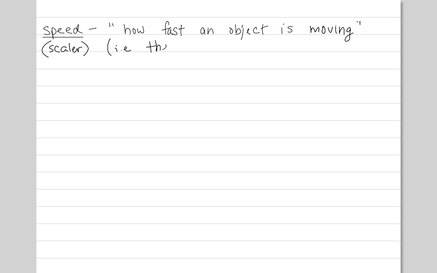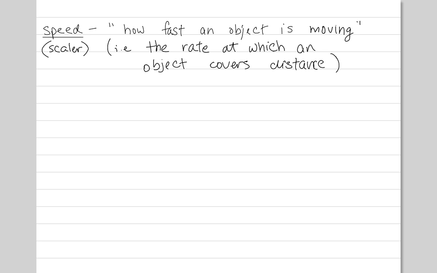So speed is the rate at which an object covers distance. And of course we would use the distance and the time.